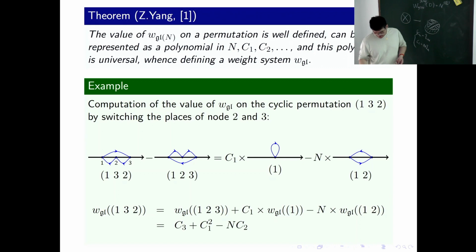And by this relation, you get c1 times the 1 vertex minus n times the 2 vertices, 1, 2. And you see that 1, 2, 3 is actually the standard cyclic permutation, which is c3. So the value of this permutation is c3 plus c1 squared minus n c1. So this is how to calculate the weight system under permutations.